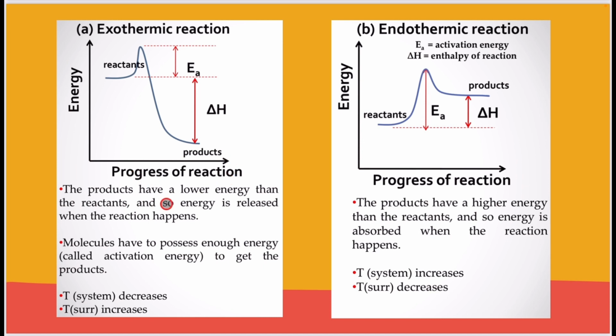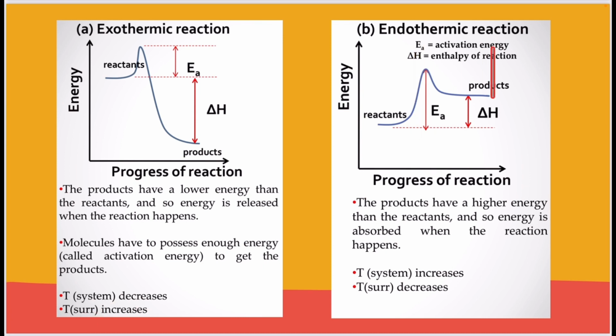The products have a lower energy than the reactants, and so energy is released when the reaction happens. Molecules have to possess enough energy, called activation energy, to form the products. So the temperature of the system decreases, and the temperature of the surroundings increases.